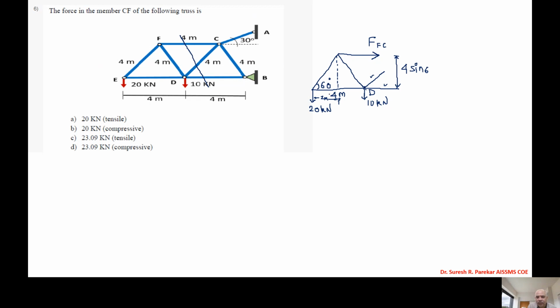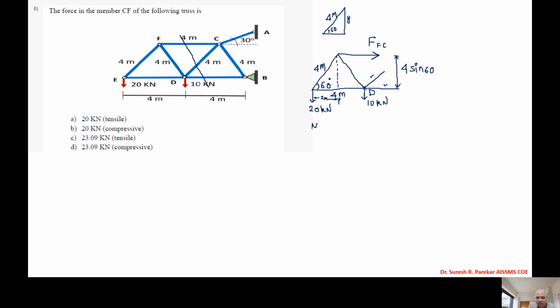This is 4 meter. And then if we consider this triangle, we have this as 4 meter, this is 60 degree. Then if you write sine 60, we have y upon 4. So y will be 4 sine 60.